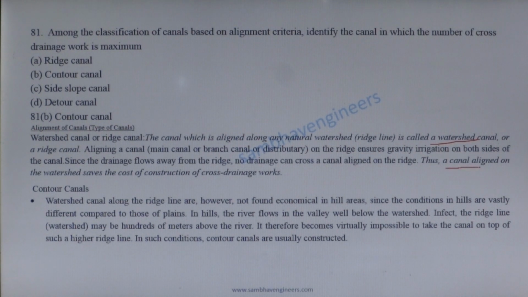This type of canal aligned on the watershed saves the cost of construction of cross drainage work. So ridge canal has minimum cross drainage work. Similarly, side slope canal also has minimum cross drainage work, but contour canal has maximum cross drainage work.